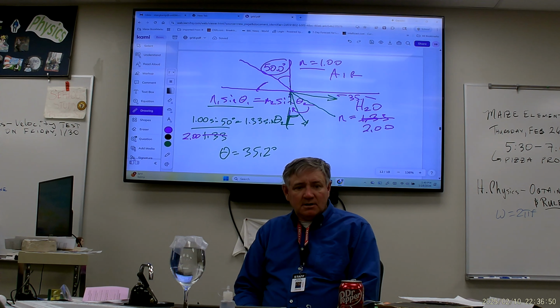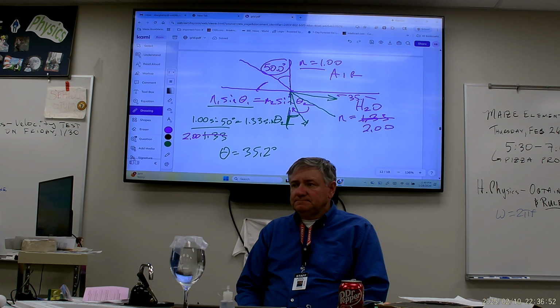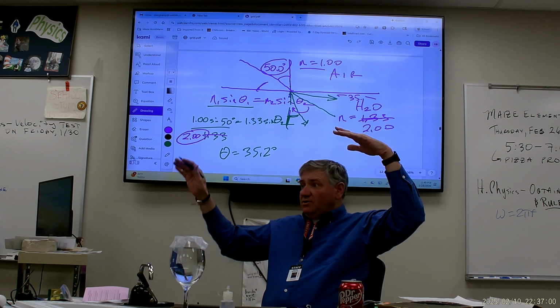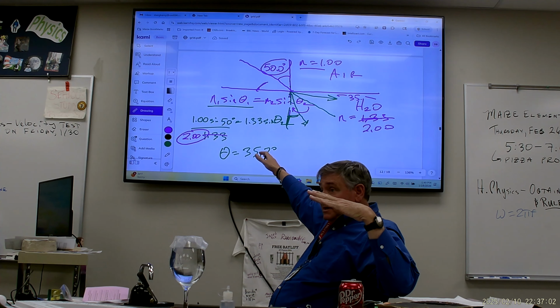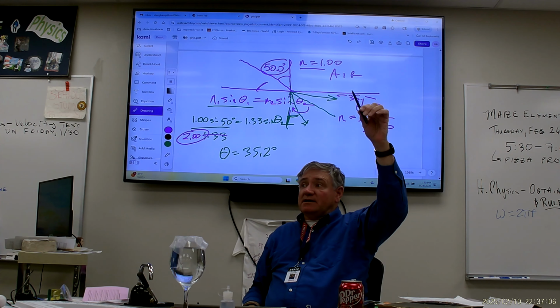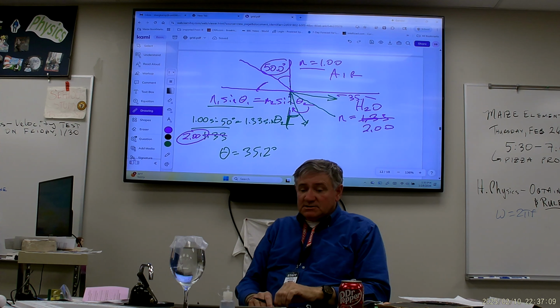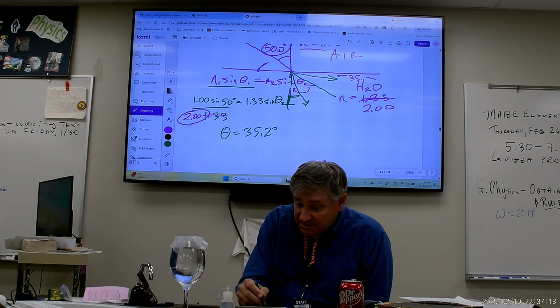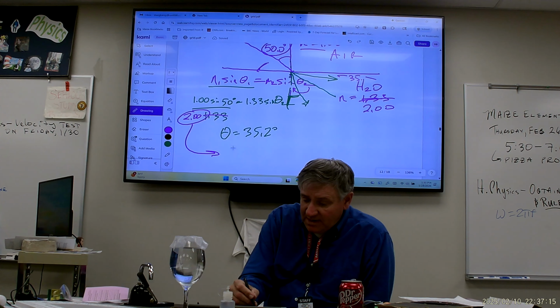So what do you get for the angle now? 22.5. So if we make the index of refraction in the new medium 2, we make it more optically dense, there's going to be a bigger difference in the speed and it's going to get bent more. So if you do the math on that one, if the new index of refraction is 2, what do you get theta 2 to equal? What did you get? 22.5.